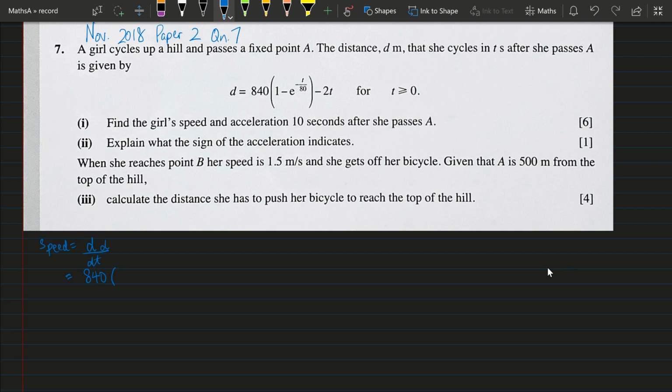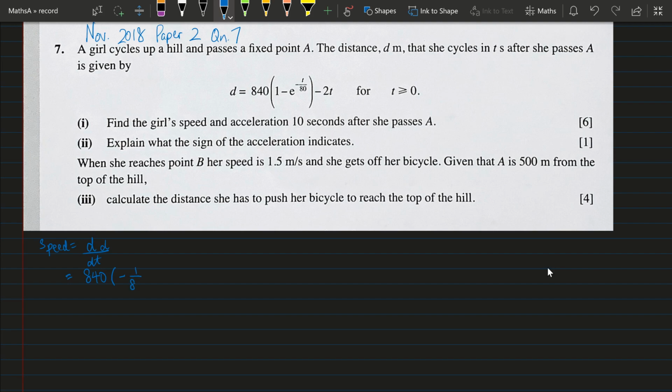Because I'm starting with kinematics, I'm assuming that you have a proper foundation in differentiation and integration already, so this differentiation shouldn't be too challenging. If you differentiate the constant inside, you get 0, nothing. So negative e to the power of negative t over 80, if you differentiate it, you need to multiply by the constant in front, negative 1 over 80.